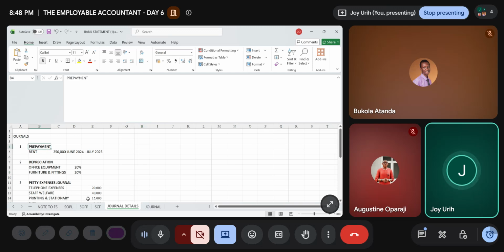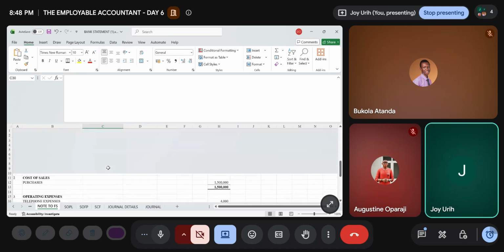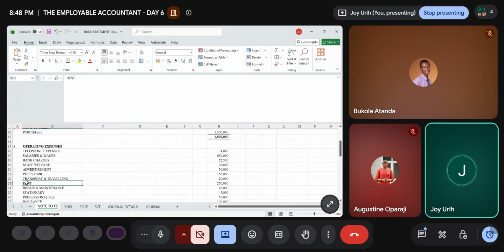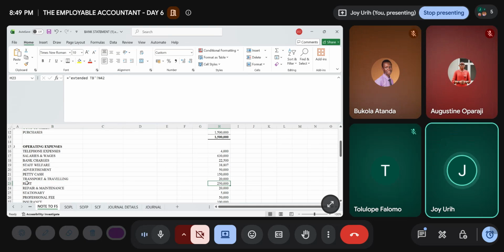If you look at the note to our account, we had rent before. We have rent of 250,000, right? That we saw was paid from our bank statement. But the question you want to ask is, what period does this rent cover? Rent usually is within a year, right? Majority is within a year. So you want to know from what point to what point does this rent cover?